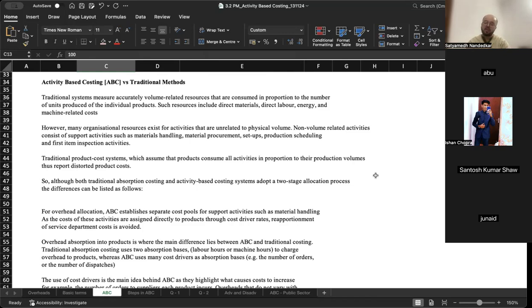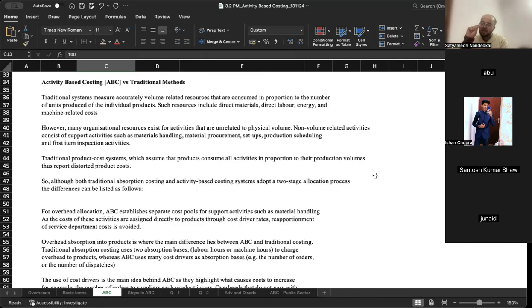Activity based costing is what? Activity based costing is modified absorption costing. Absorption costing is a method in which you also include the fixed overheads in the overall product cost, right? Absorption costing is a way of including fixed overheads in the product cost. So, activity based costing is also a way of including fixed overheads in product cost.